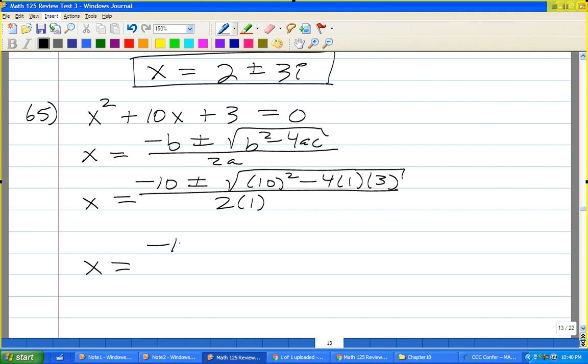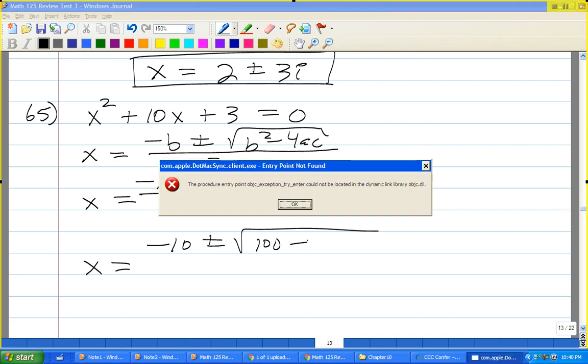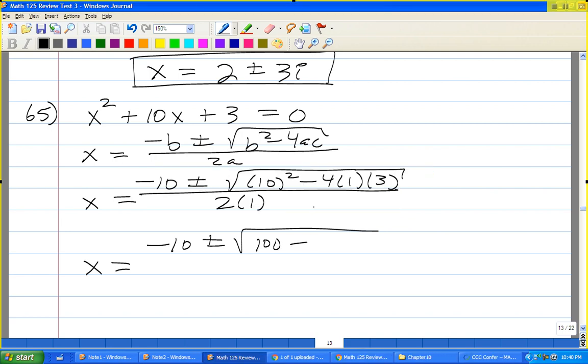So x is equal to a negative 10 plus or minus the square root of 100 minus 4 times 1 is 4 times 3 is 12. Oops, 2 times 1 is 2.